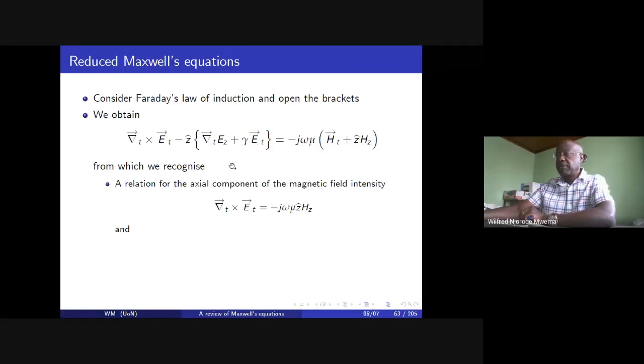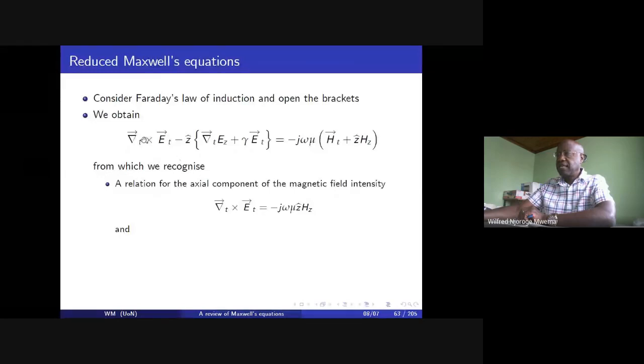And therefore, we can see from the cross product rule that the cross product of two vectors is usually another vector that is normal to the plane that contains those two vectors.